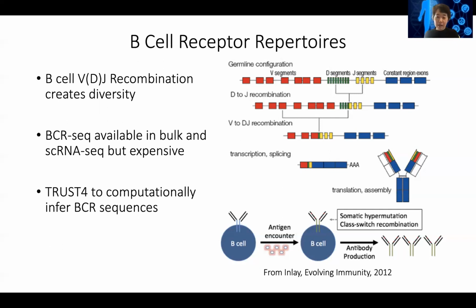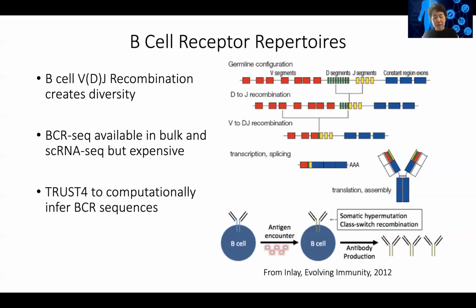So it depends on the different constant regions. When the antibody recognizes a particular tumor antigen, it will bring different signals onto the antigen location. And so this is how B cells evolve and activate in the tumor.